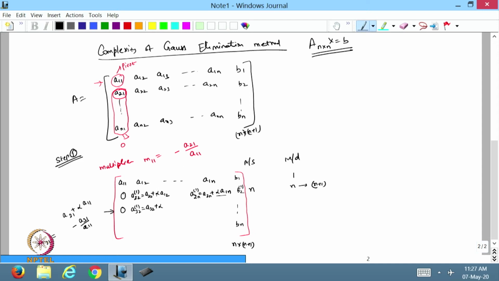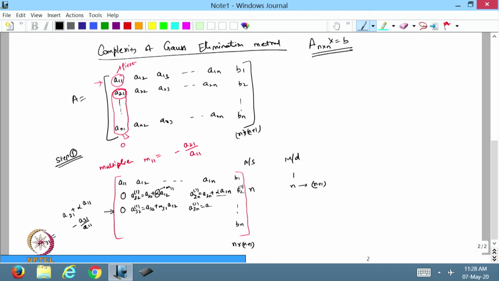So, this alpha is M31, and now this alpha I can delete and make it M31, and then I will put A12. So, 31, 1, 2 and so on, and in the end I will get A3n in step 1.